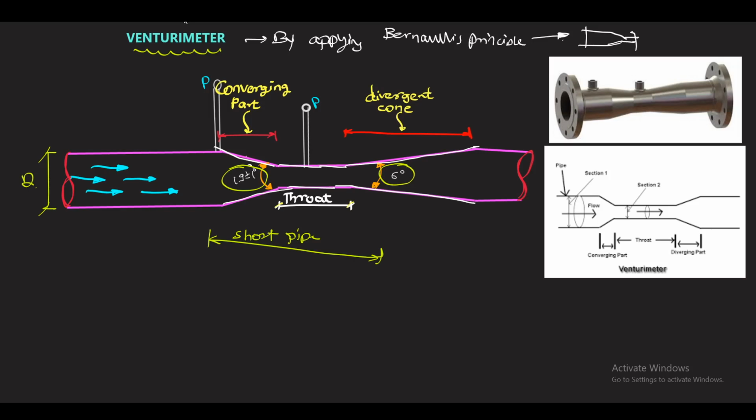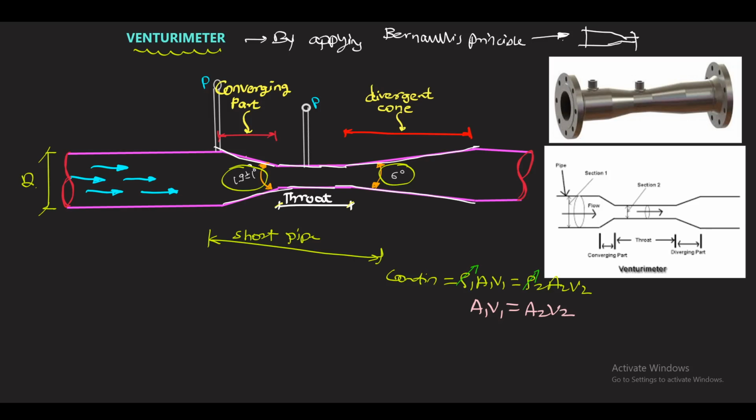Suppose there is a fluid flow, and the area of cross section is reducing in the convergent part. If I apply the continuity equation, what does it state? Continuity equation states that rho 1 A1 V1 is equal to rho 2 A2 V2. I already assumed that the flow is incompressible, that means rho remains constant. So the equation I get is A1 V1 equals A2 V2.